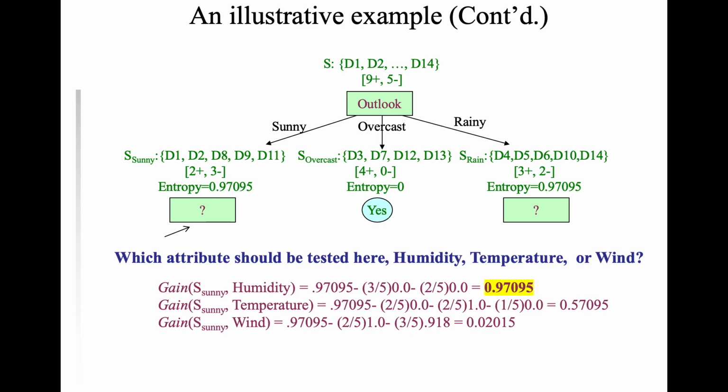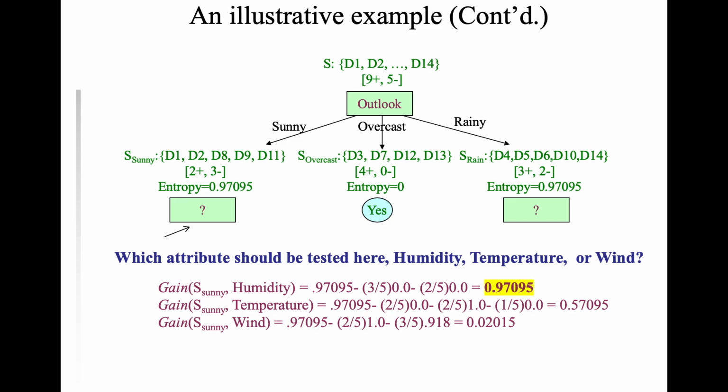Now we choose humidity here for the outlook sunny to branch out further. Why did we choose the humidity? Because the information gain that we calculated for S sunny, the subset of data of those days that are sunny, with respect to the humidity feature, is the greatest information gain. So we choose humidity here.